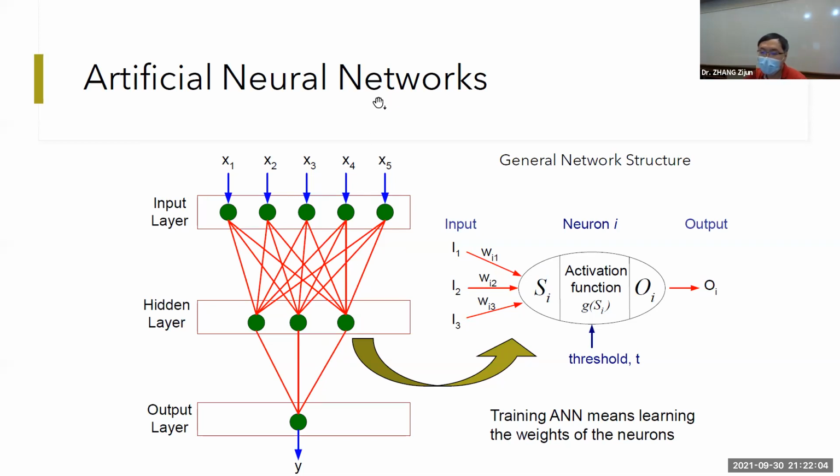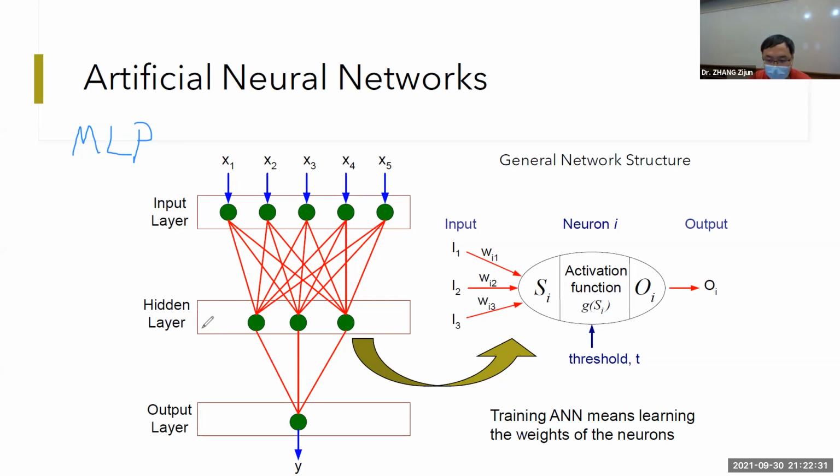Let's look at an extended version of an artificial neural network with 3 layers. This is a very classical ANN, which we call multi-layer perceptron, MLP. The multi-layer perceptron usually has 3 layers: an input layer, one hidden layer, and one output layer.